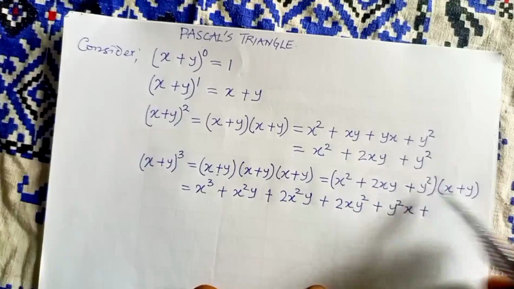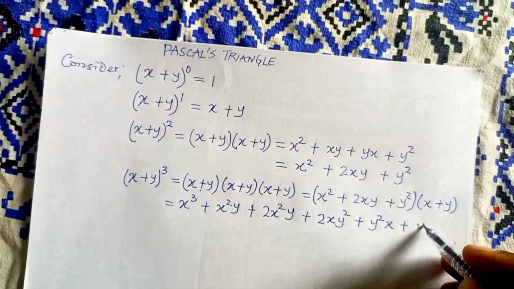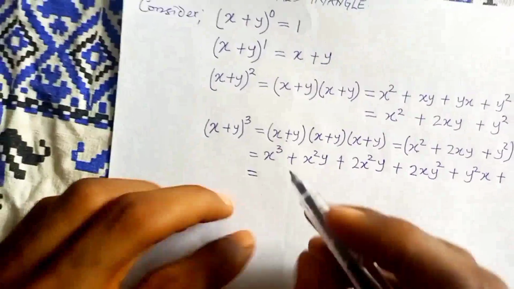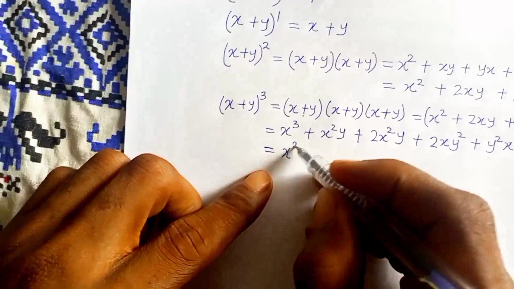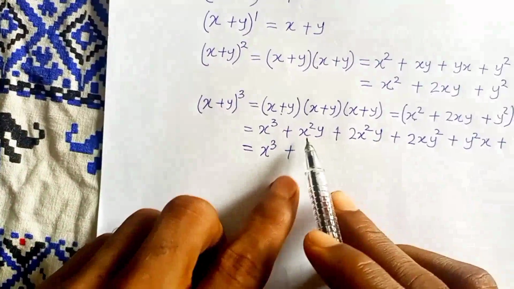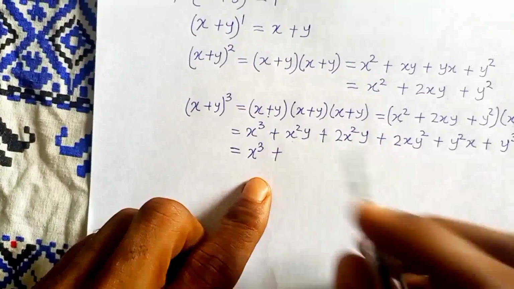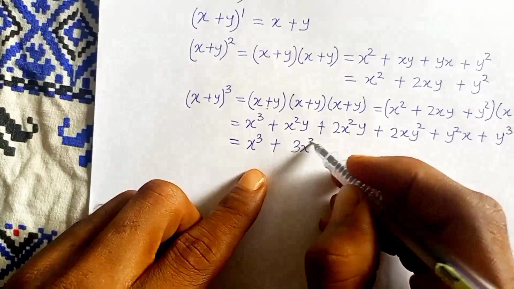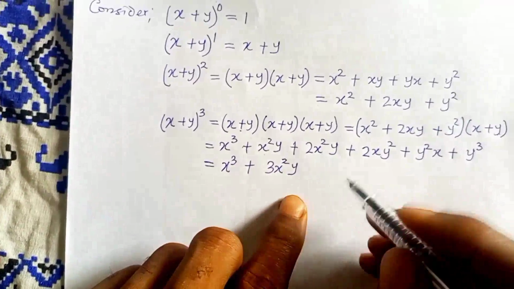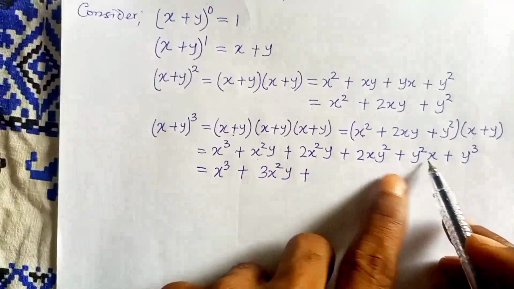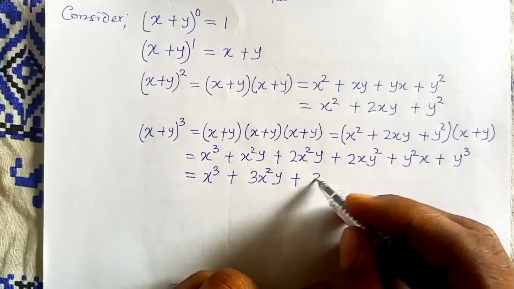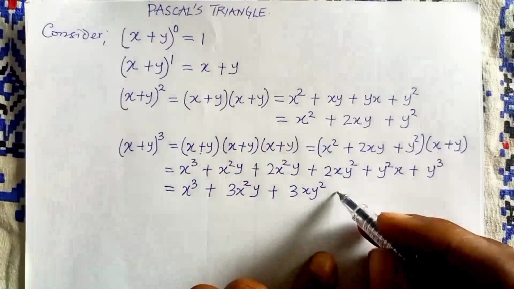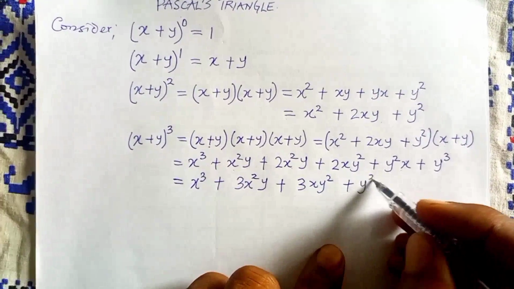And finally, this gives us y cubed. Now, equating, we have x cubed plus this combined to give us 3x squared y. This combined to give us 3xy squared, and then we have y cubed.